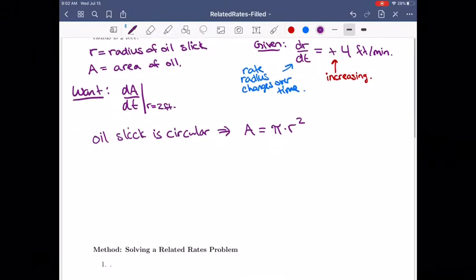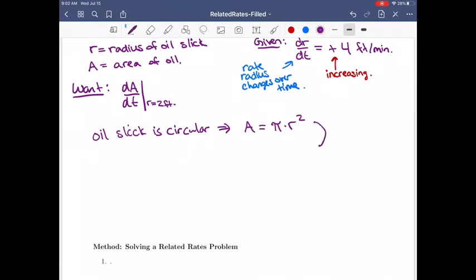So what we're going to do is differentiate implicitly. We differentiate this equation, which relates A and R. If we differentiate with respect to t on both sides, then we're going to have an equation that relates the rates. So we're going to do d/dt of both sides.